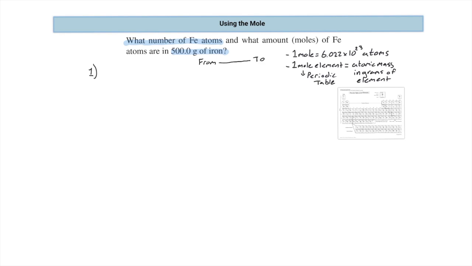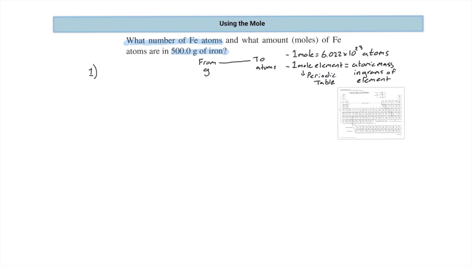And since we're wanting to know what number of iron atoms, we're going to atoms. And we want to know from grams. So, to go from grams to atoms.